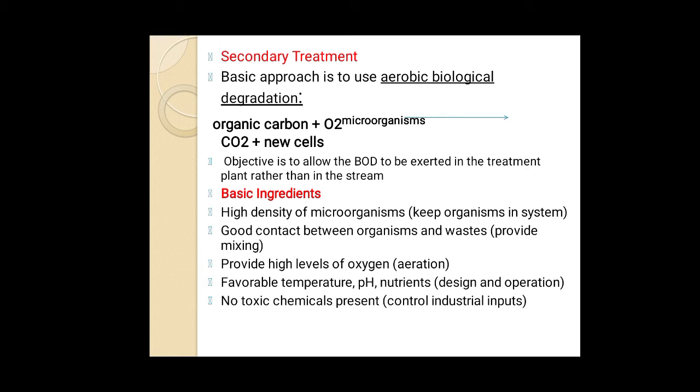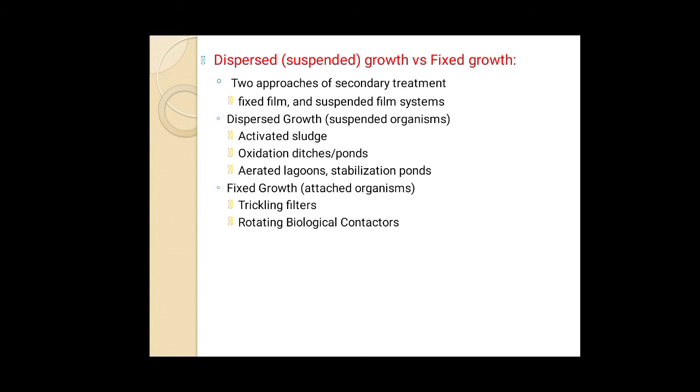If the oxygen percentage is low, or in the absence of oxygen, then anaerobic conditions will occur. So the oxygen level or aeration must be high. Then favorable temperature, pH, nutrients, design and operations. Then no toxic chemicals present, to control the industrial inputs. These are the basic ingredients or conditions for the secondary treatment.